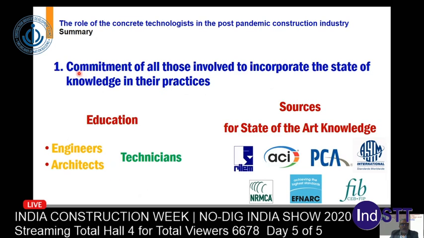And we need the commitment of all those involved to incorporate state-of-the-art knowledge in their practices. So education of engineers, of architects, of technicians. And we are very lucky because we actually have a lot of sources that can give us, in real time, very fast, state-of-the-art knowledge about concrete, like the one cited here in the right lower corner.